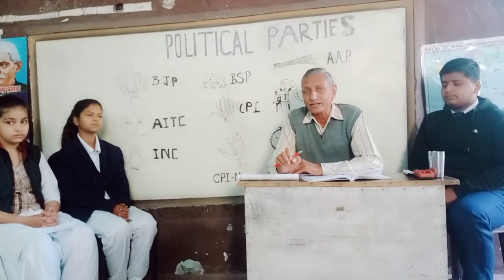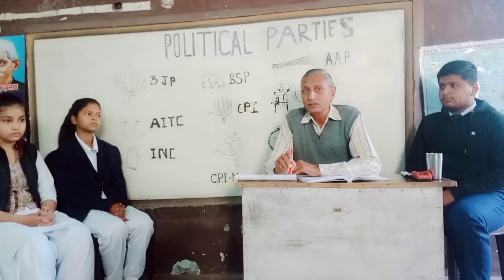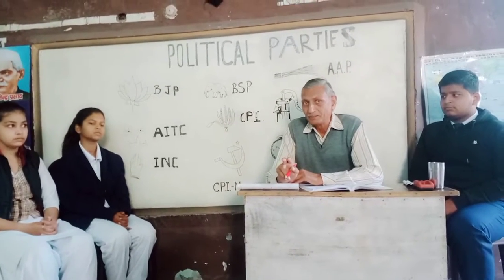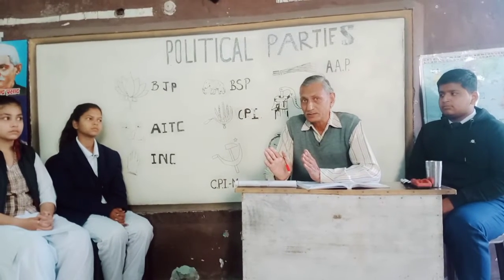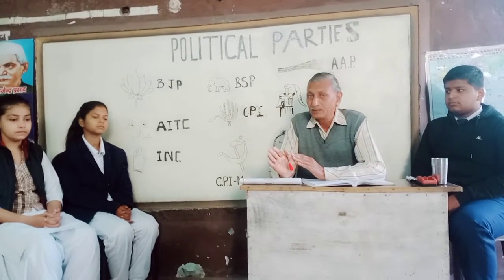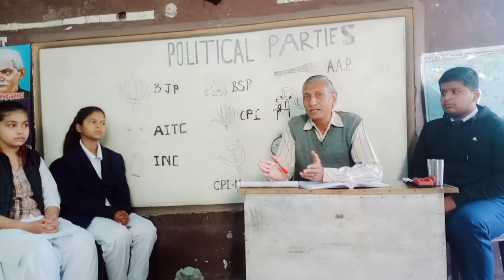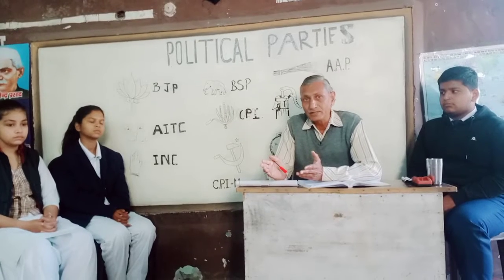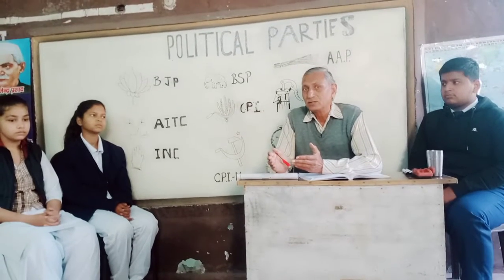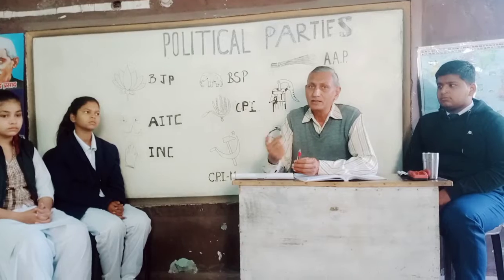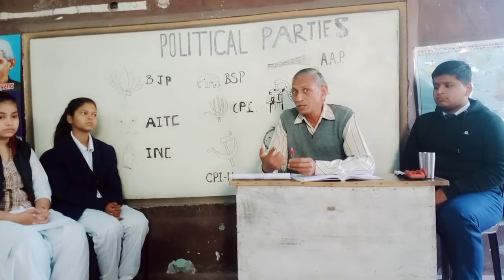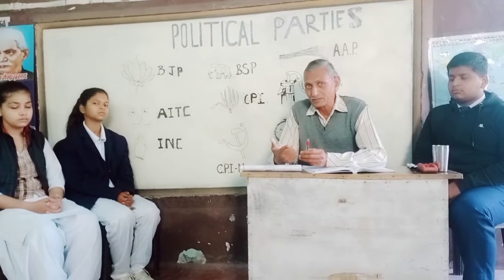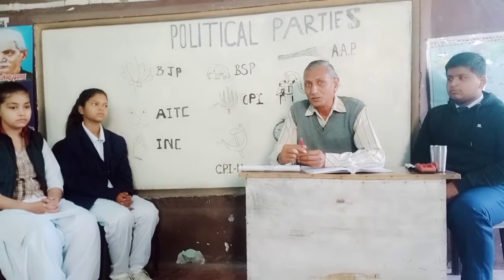Apart from that, the national parties must be present in at least 4 states of the federation, and of course the regional parties can be in one state. Then we also talked about the alliances, the coalition government. Do you still remember?